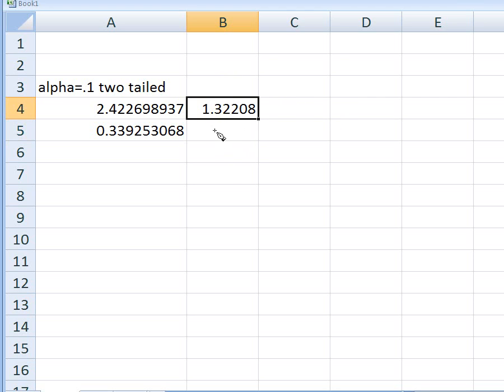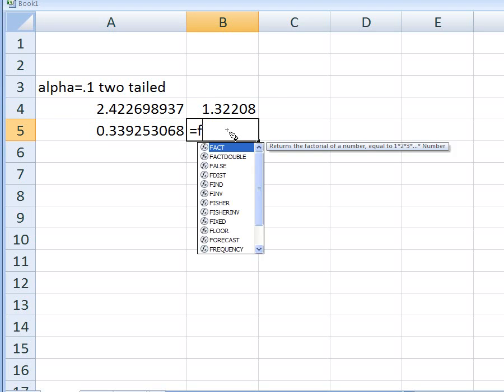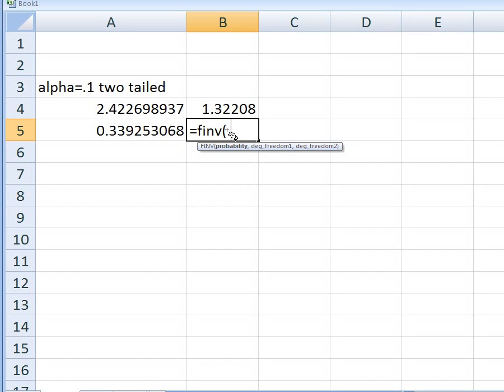Much different critical value there, 1.32. And our left-hand critical value is going to be equals FINV, 0.95 in the right tail, 99 and 199 in the denominator. So here we get 0.744 as our critical value.